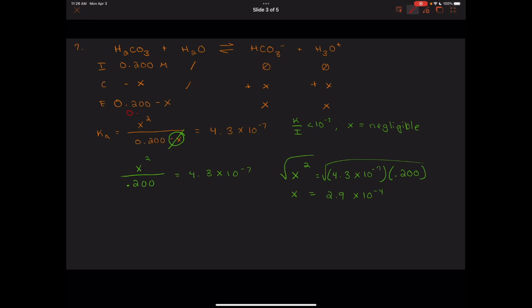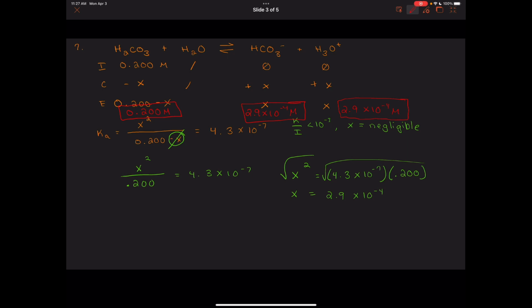We're still going to have 0.2 molar for my original acid. My HCO3 minus is going to be 2.9 times 10 to the negative 4th molar. And my hydronium is 2.9 times 10 to the negative 4th molar. So from that initial dissociation, I get these concentrations of my ions.